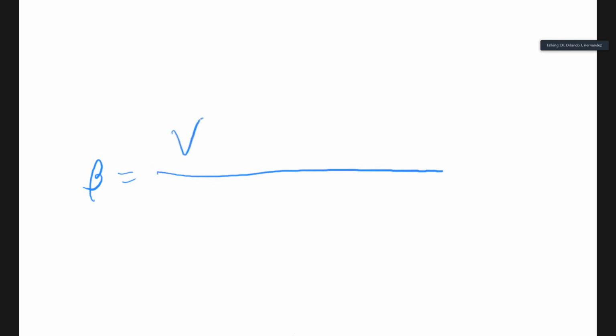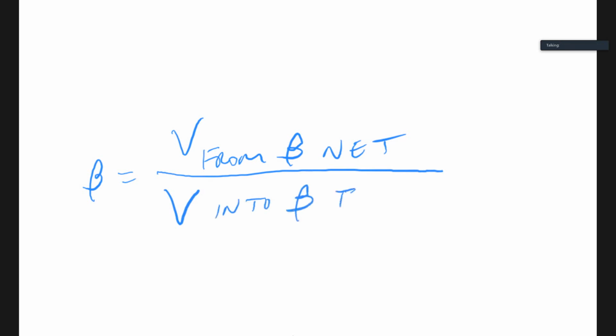So that's the voltage coming in the case. Remember, we were talking about voltage amplifiers and voltage mixing and voltage sampling. So the gain beta or transfer function of the beta network is the output of that beta network, so the voltage from the beta network divided by the voltage into, so the input to that beta network. And that's exactly what I wrote.